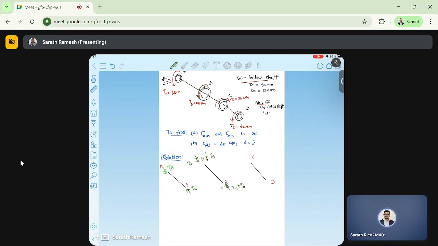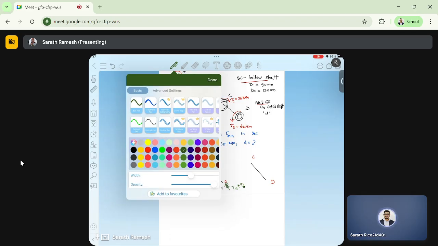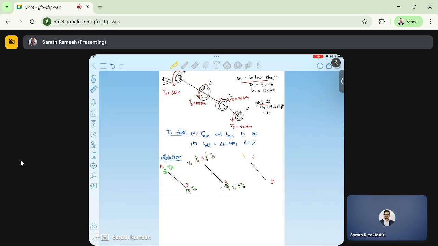Again, action and reaction, so this TA plus TB is going to come here. But in addition, there is another torque acting in the opposite direction, in this direction. This is TC given in the question.